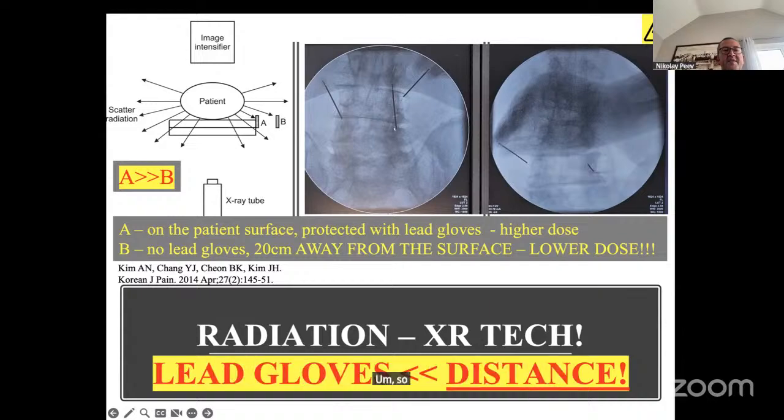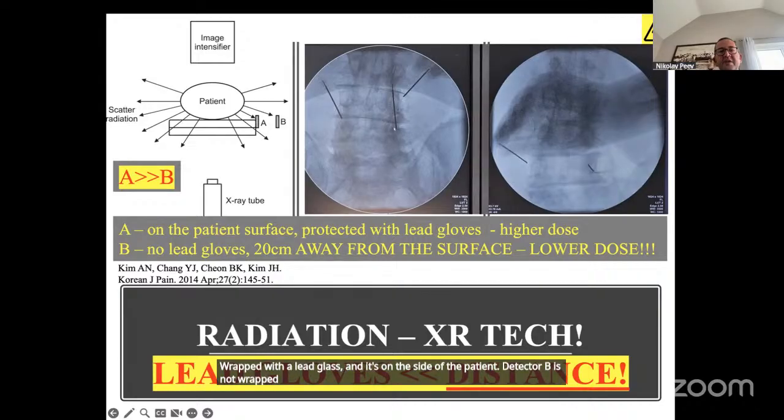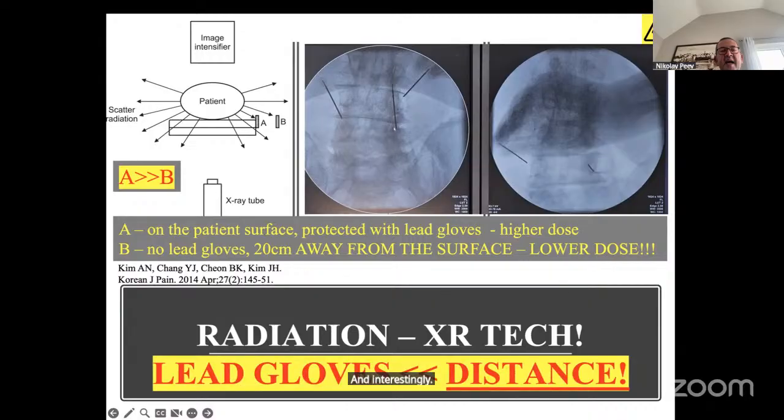As an interesting research, there are 2 detectors. One detector is wrapped with a lead glove, and it's on the side of the patient. Detector B is not wrapped with a lead glove, and it's only 20 centimeters away from the surface. And interestingly, detector A that is wrapped with a lead glove is getting more radiation compared to the one that is only 20 centimeters away and not protected with a lead glove.